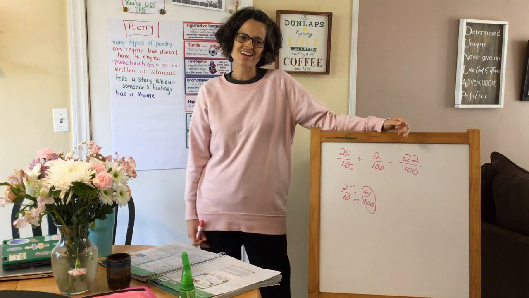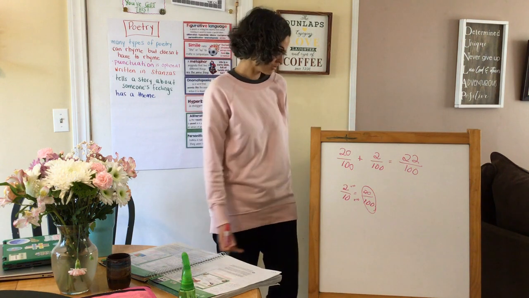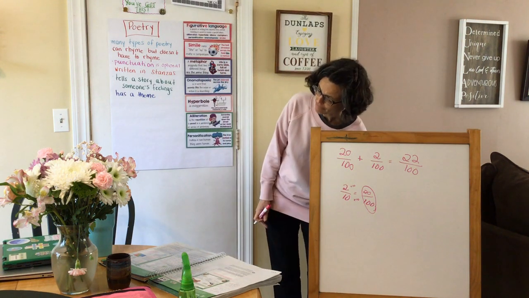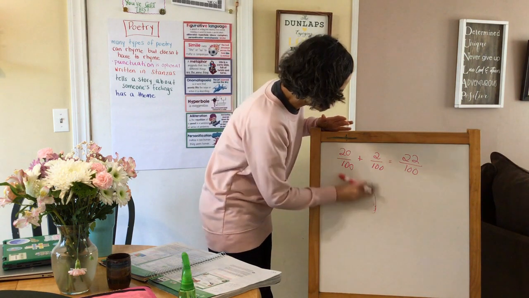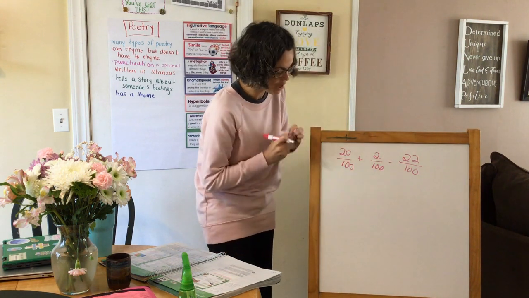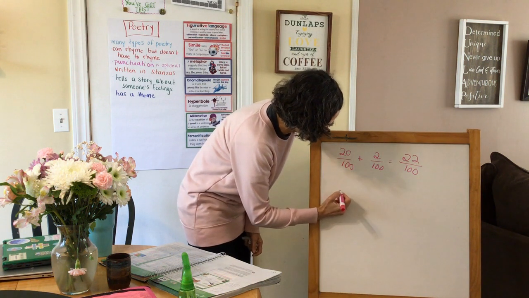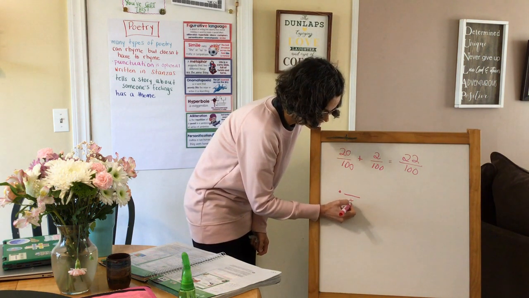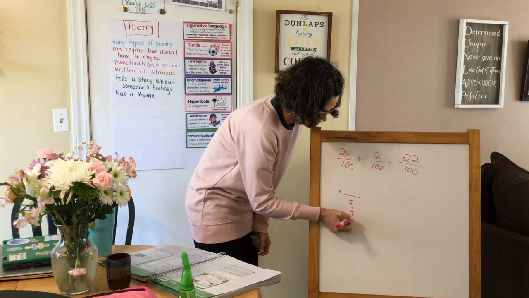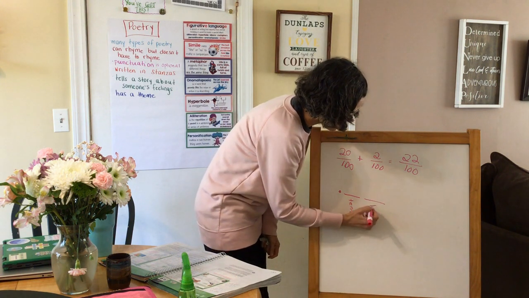What does this have to do with decimals? Well, if you remember, we've been talking about the place values in decimals, all right? Our place values are based on, what's the first one? Tenths. What's the next one? Hundredths.